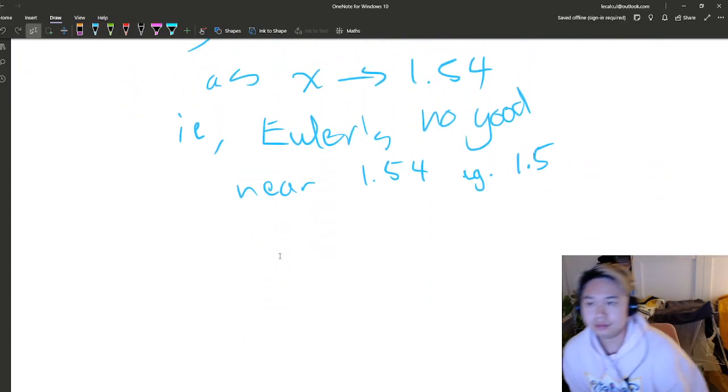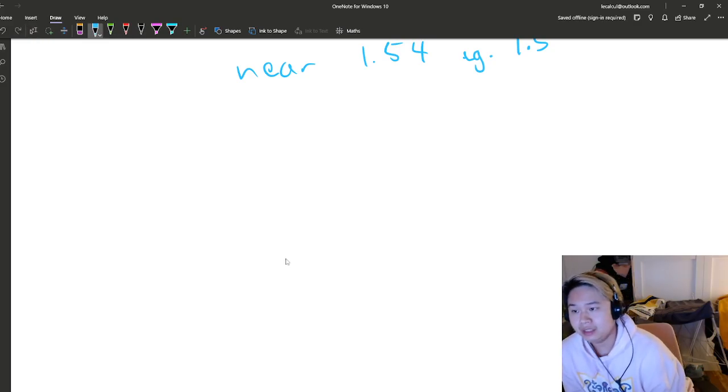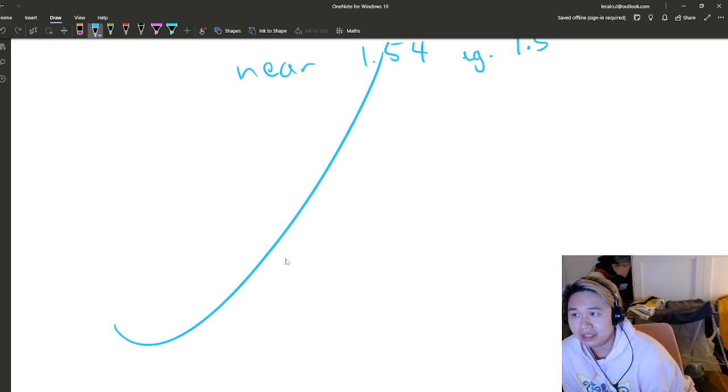Euler's method kind of relies on your function not growing very quickly, because if your function grows like that, then hopefully you guys can see why Euler's thing is wrong.